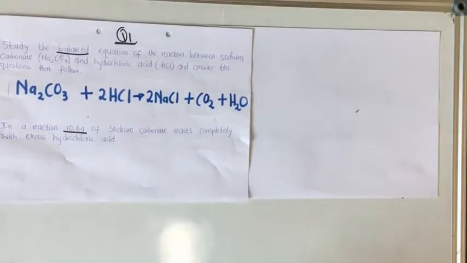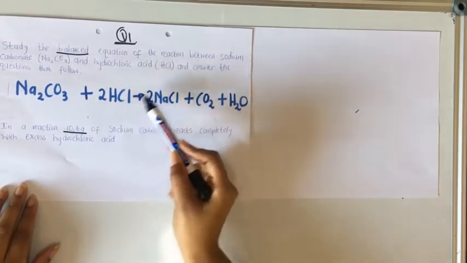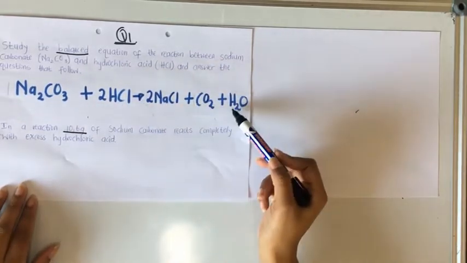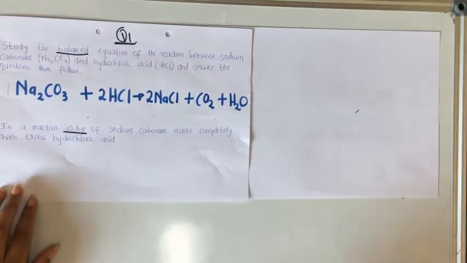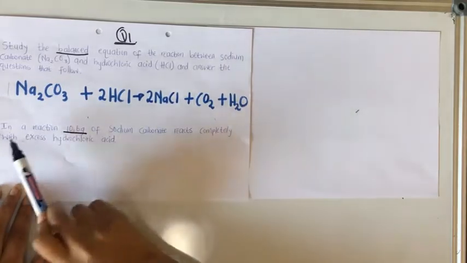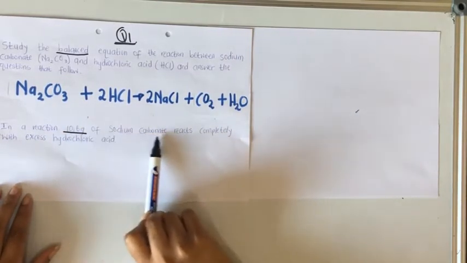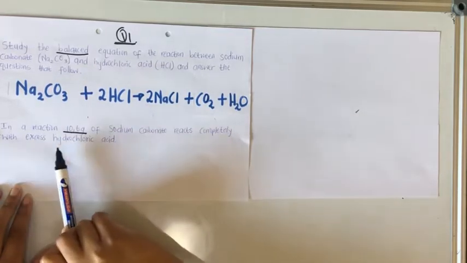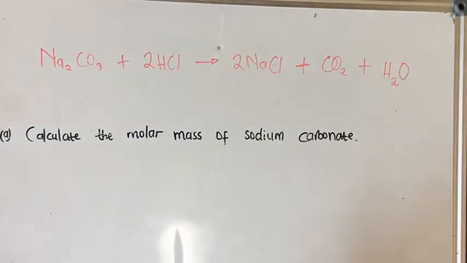Bakutshela ukuthi i-sodium carbonate reacts with hydrochloric acid ukuze kunikeze lama products. My reactants nama products nisakhumbula. Alright, so bakutshela ukuthi in the reaction 10.6 grams of sodium carbonate reacts completely with excess hydrochloric acid.